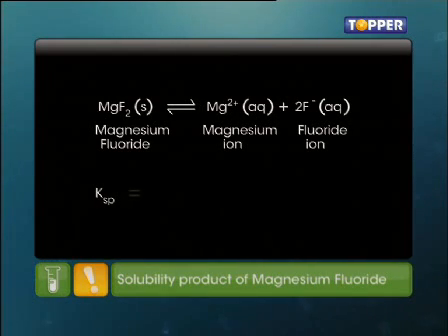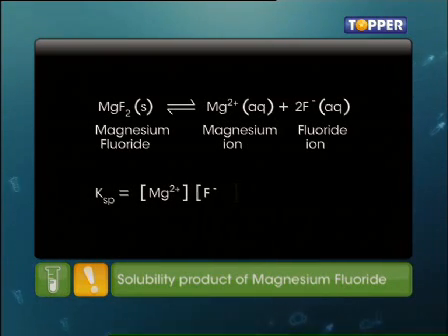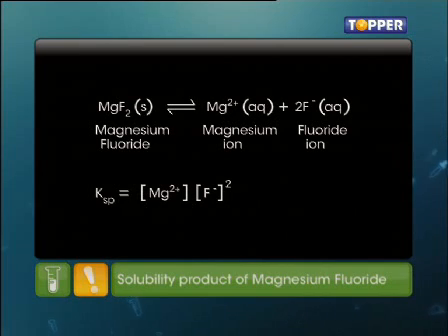Therefore, its solubility product is given by the product of concentration of magnesium ions and the square of concentration of fluoride ions. I hope the concept of solubility product is now clear to you.